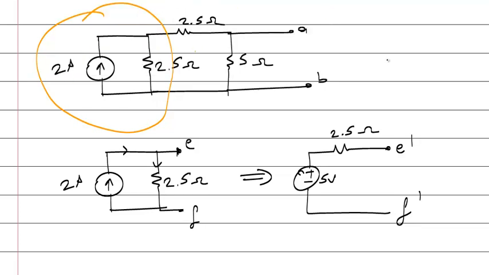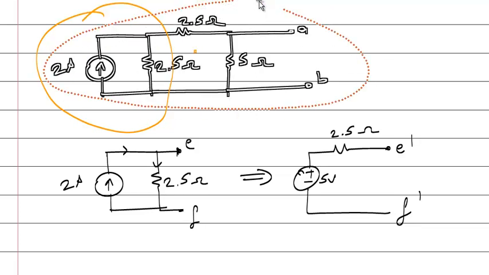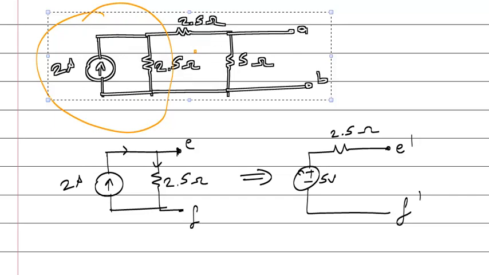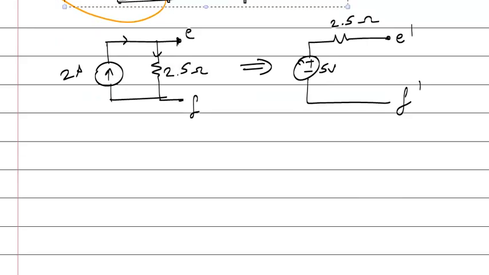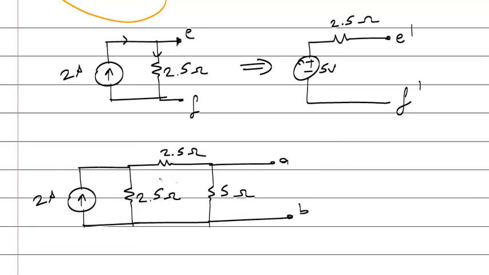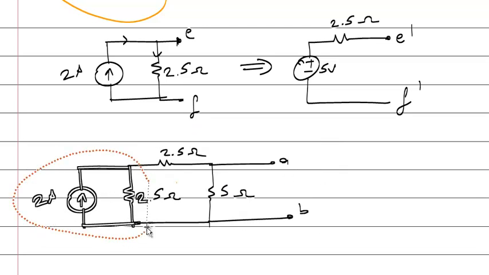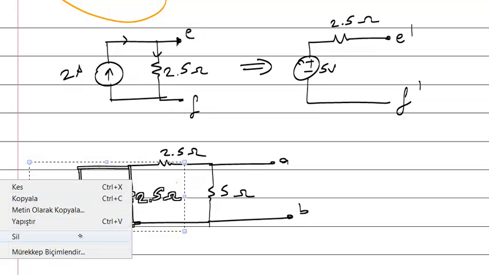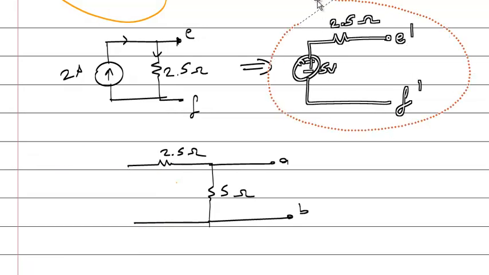Let me copy all parts. This is the complete circuit. I will reject this portion and insert the equivalent.